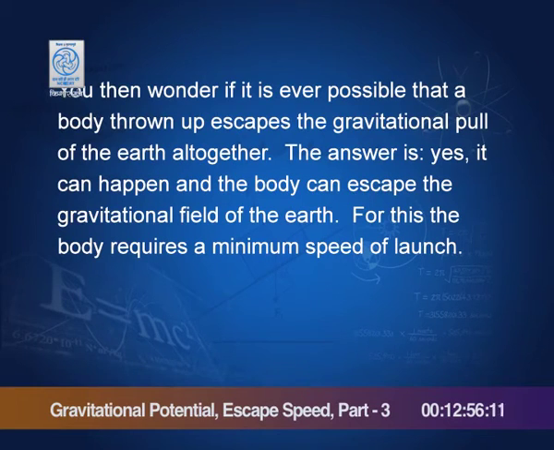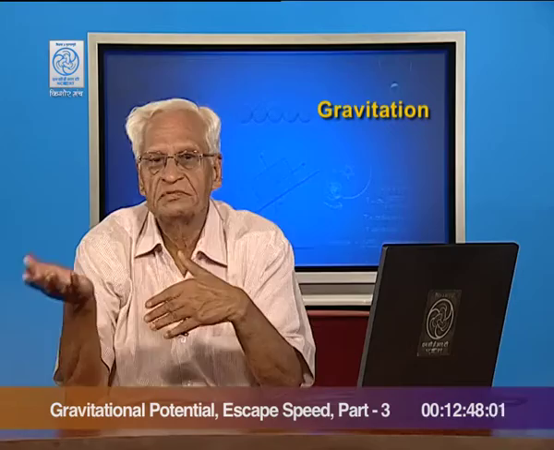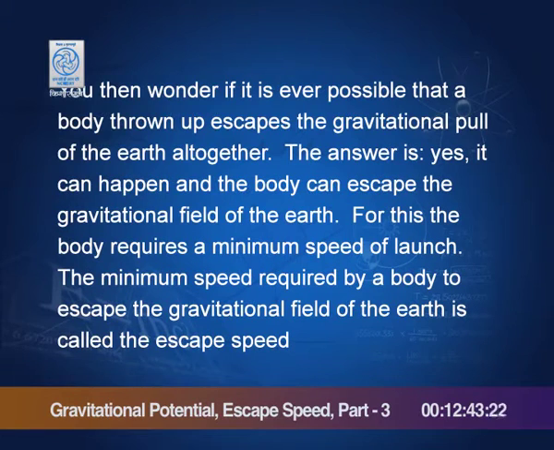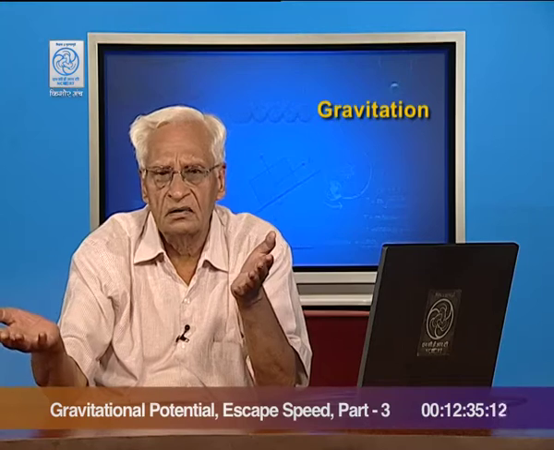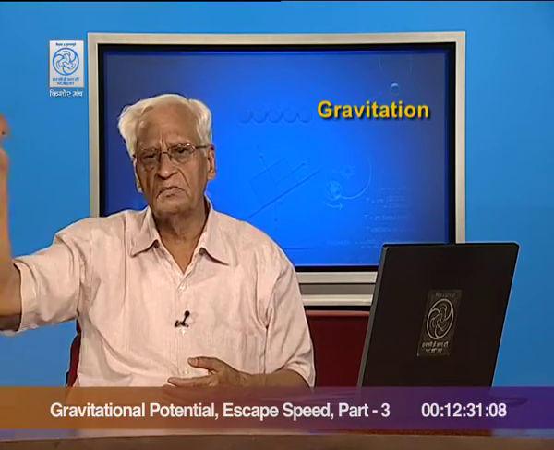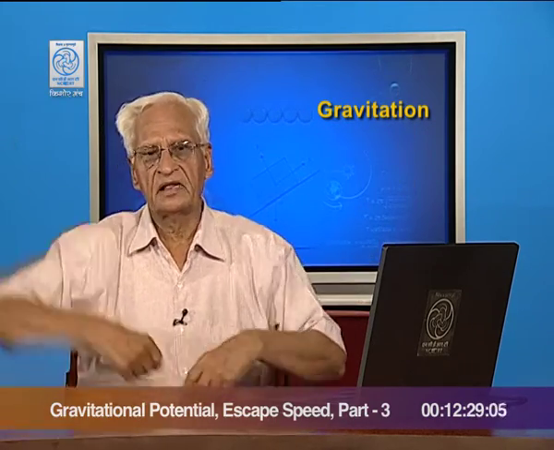So, how can we release the body from the gravitational field? We will see that we have to give a minimum speed to the particle, so that it escapes the gravitational field, and this minimum speed required by a body to escape the gravitational field of the earth is called the escape speed. In fact, a particle can have escape velocity from any other surface, say from the moon or from another planet.